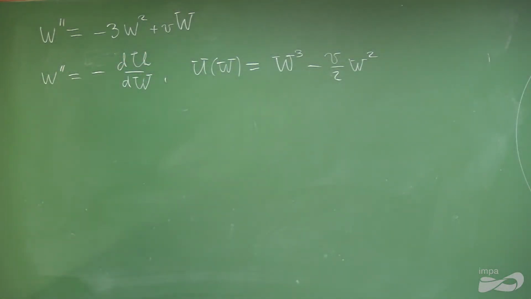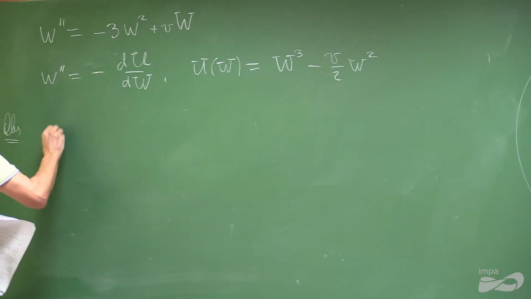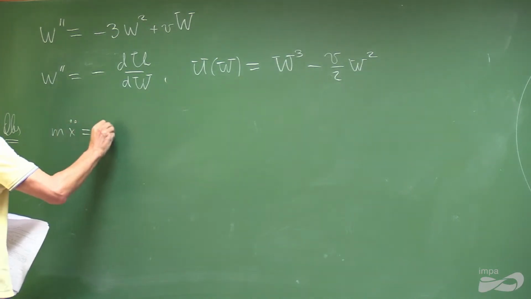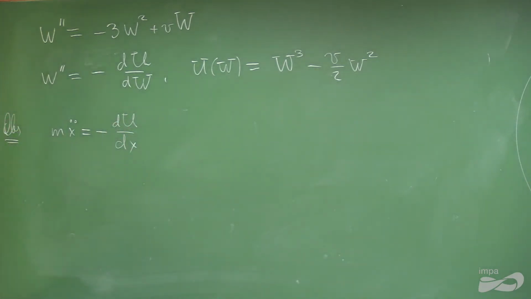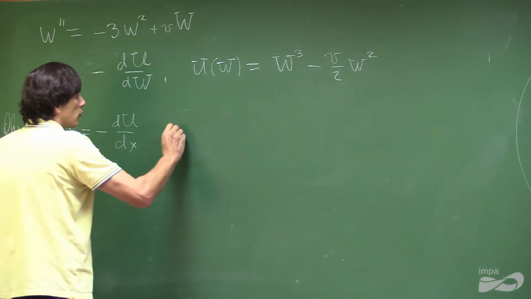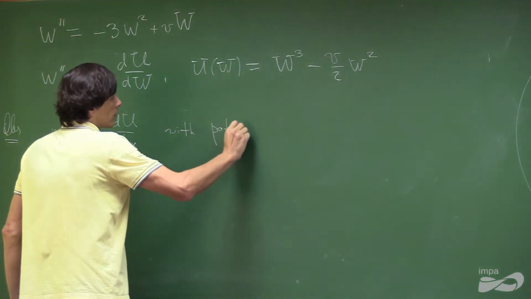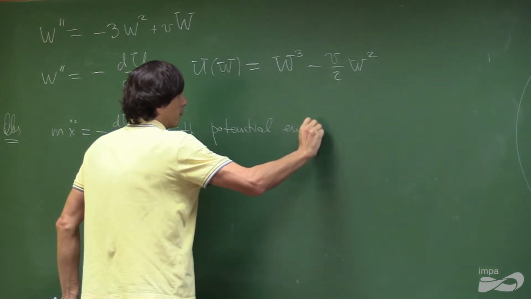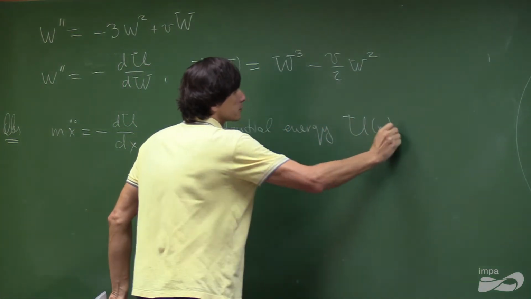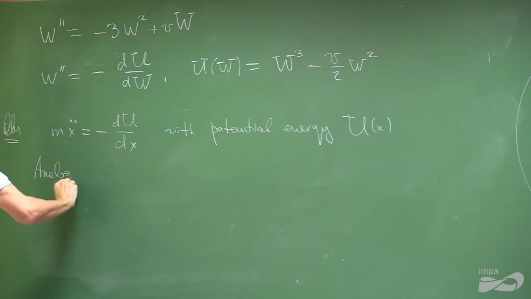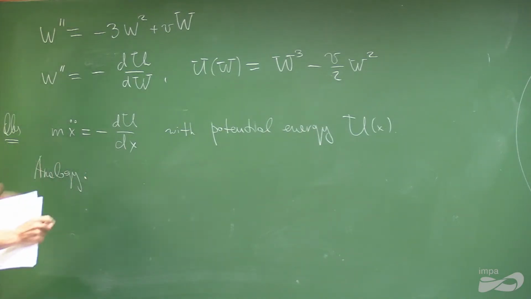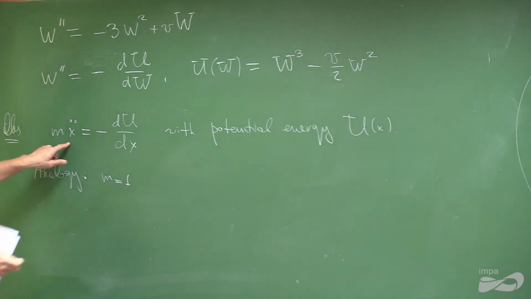And this is an equation that you already know, because remember the equation for the motion of a particle with potential energy U of x. So you have a direct analogy. You take m equal 1, so it gives the same term.